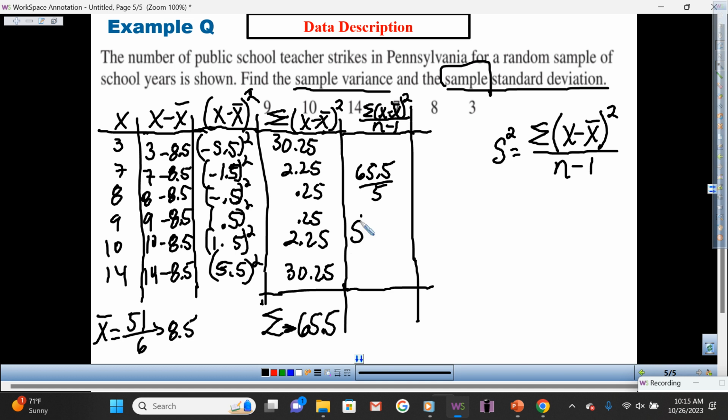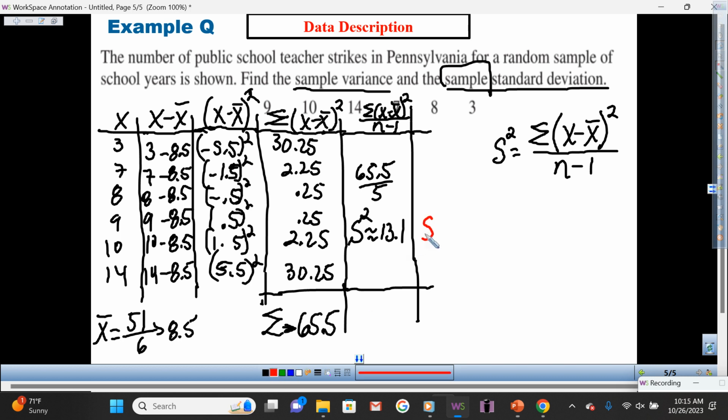So our variance for the sample is approximately, what did you get, Bree? 13.1. Have you got that? That is correct. So that's our variance for the sample. Are we done? No, we need what?